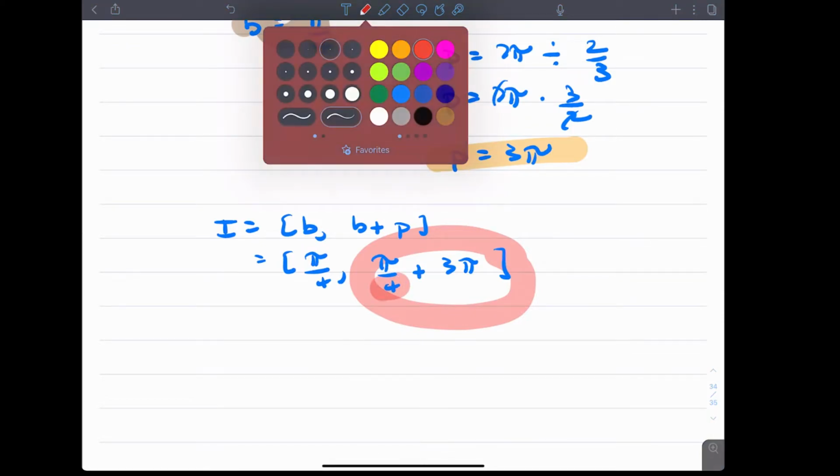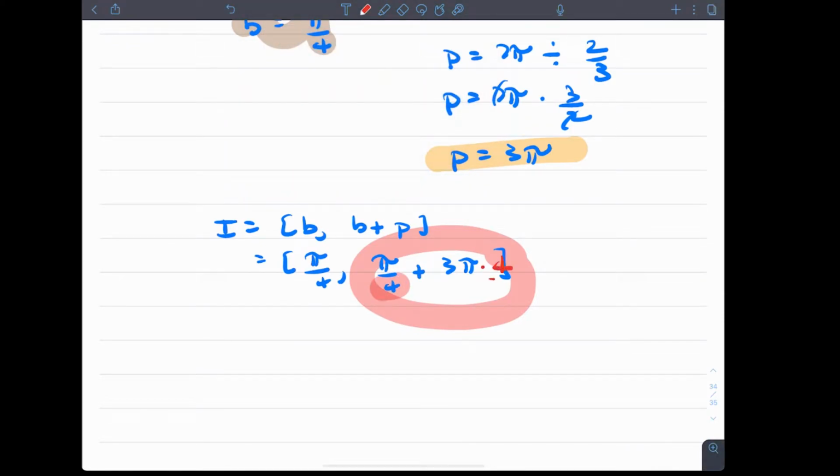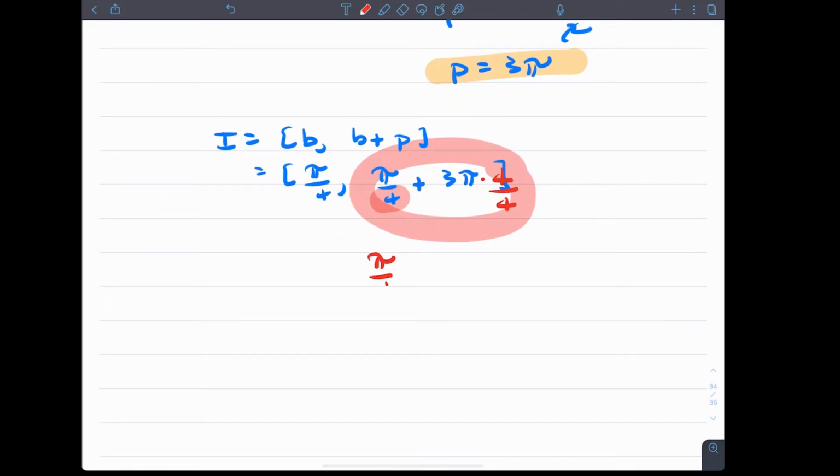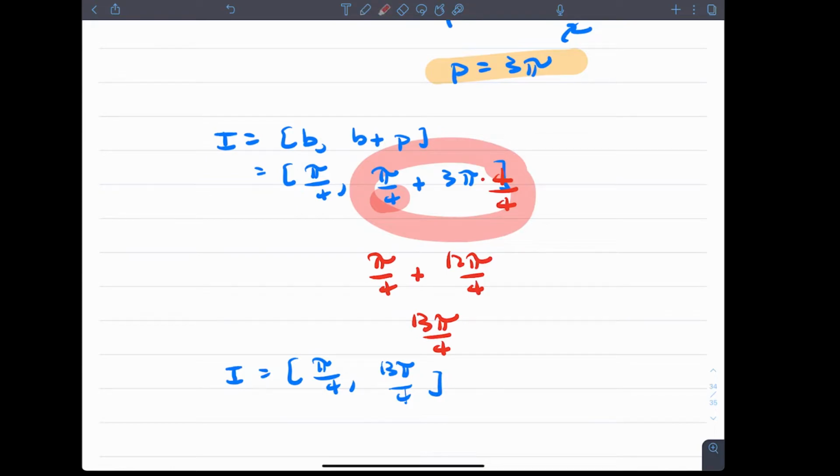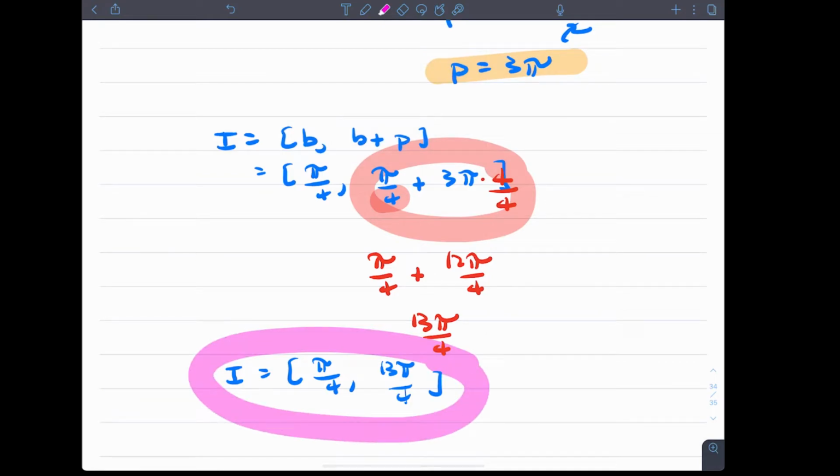What do we have to do? Multiply the top by 4 and the bottom by 4. Is that right? So you get pi over 4 now plus what? 12 pi over 4. What does that give you? 13 pi over 4. So here's my interval of one cycle. It's going to be pi over 4 and then what? 13 pi over 4. And I guess we're using pink. Pretty in pink.